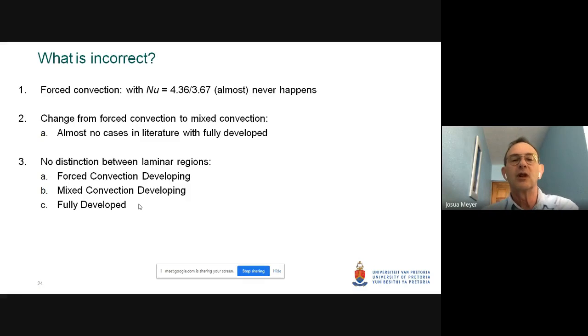Well, we have to teach our students that that almost never happens. I'm going to show it to you now. Then the flow is almost never forced convection, but it is always mixed convection, and that there's a huge distinction between the different flow regimes in the laminar flow regime. Next slide, please.